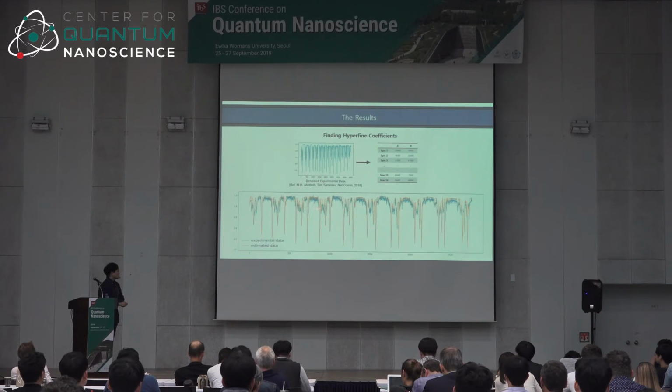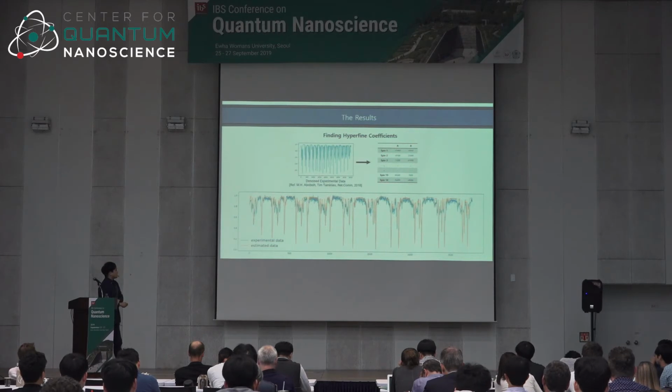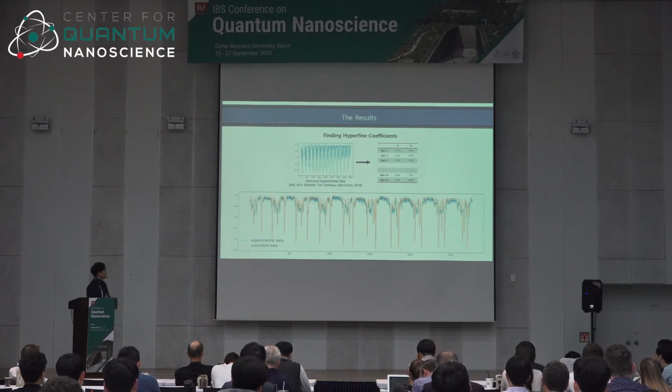The blue one is the experiment data, and the yellow one is data calculated with these values. It is quite well matched as time goes on. All the periods are matched quite well with each other.